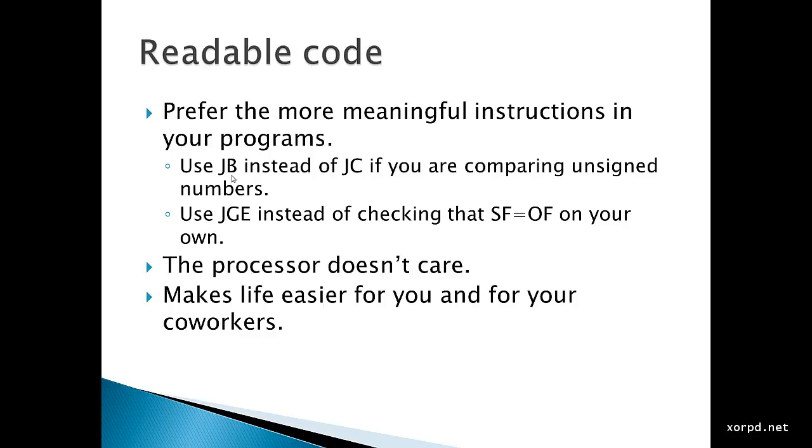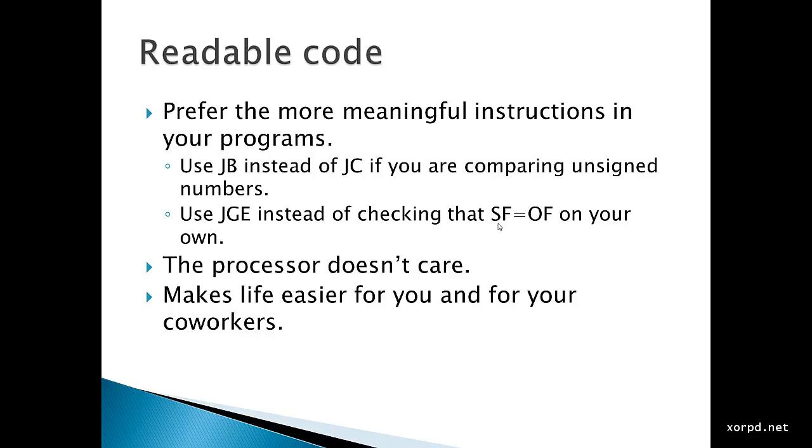Another example. Use jump greater equal instead of checking that the sign flag equals overflow flag on your own. I think this is pretty trivial. You probably agree with me that using jump greater equal could be much easier than checking manually that the sign flag equals the overflow flag. And this is for many reasons. The first one is that you might make a mistake with the condition.